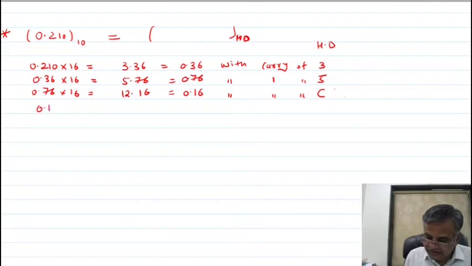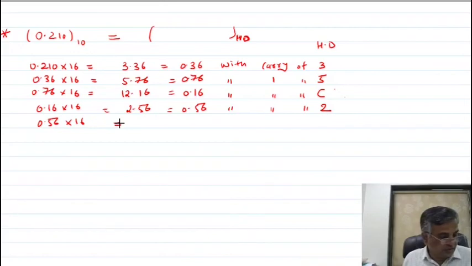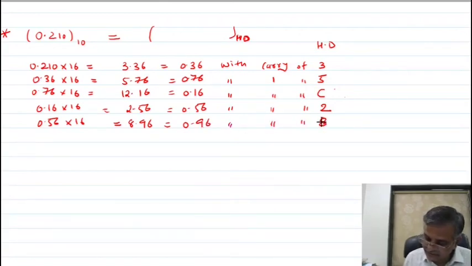So 0.16 multiplied by 16, it is 2.56. It is 0.56 with a carry of 2. 0.56 multiplied by 16, you will get 8.96. It is 0.96 with a carry of 8. 0.96 multiplied by 16, it is 15.36.